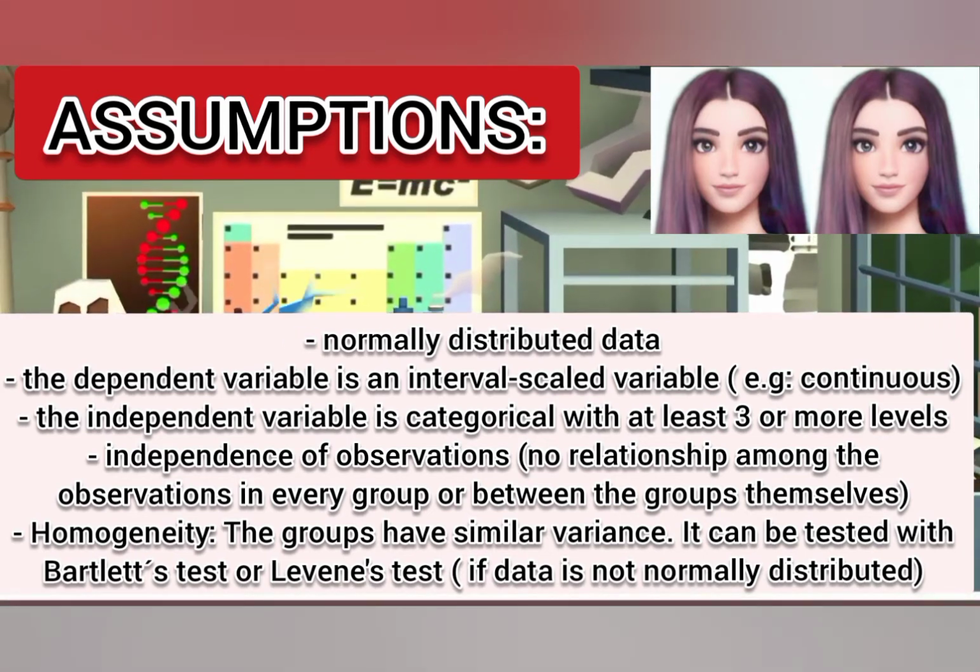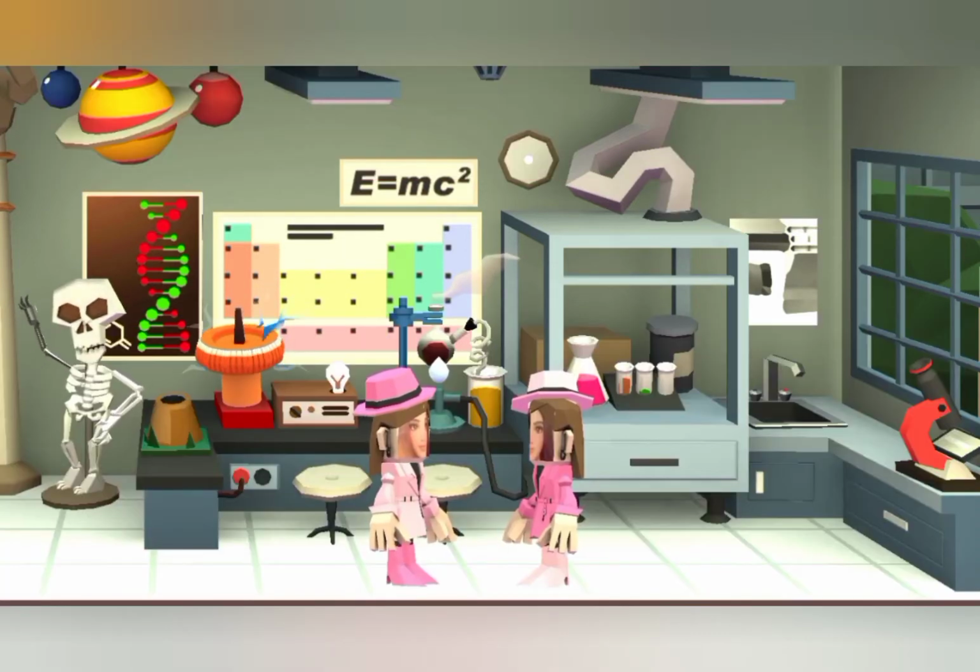We need independence of observations, which means no relationship among the observations in every group or between the groups themselves. We also need homogeneity. The groups have similar variance. It can be tested with Bartlett's test or Levene's test if data is not normally distributed.